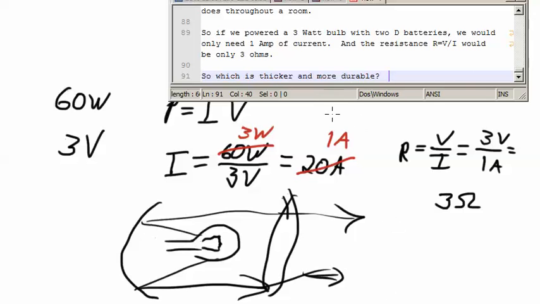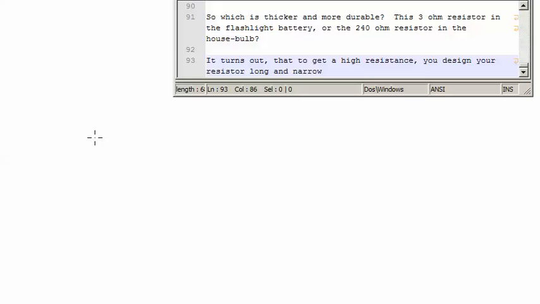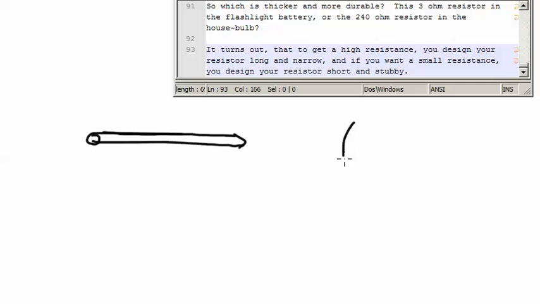So which is thicker and more durable, this 3 ohm resistor in the flashlight battery, or the 240 ohm resistor in the house light bulb? Turns out, if you want a high resistance, you design your resistor long and narrow. And if you want a small resistance, you design your resistor short and stubby.